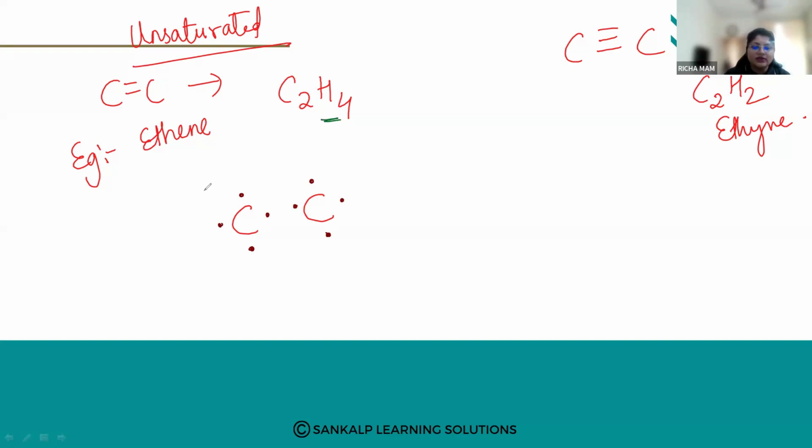So first we'll write the atoms, 1, 2, 3, and 4. Now let us write the electrons for carbon.